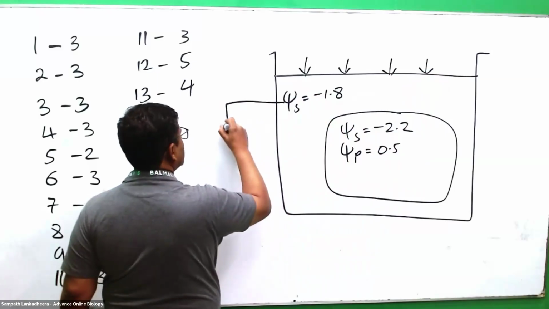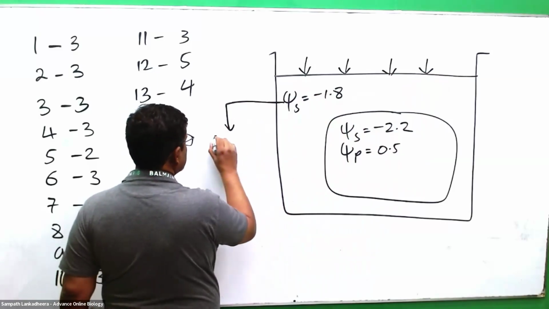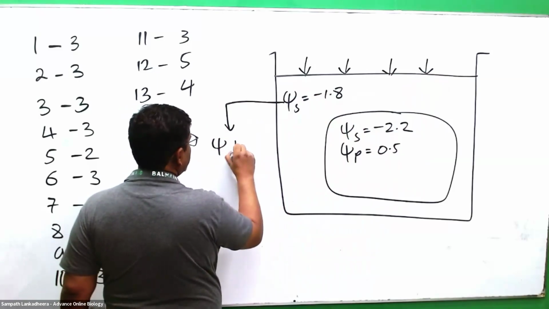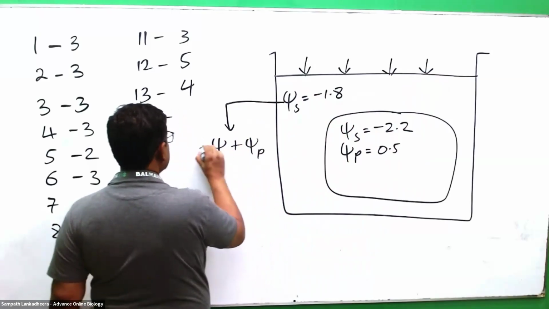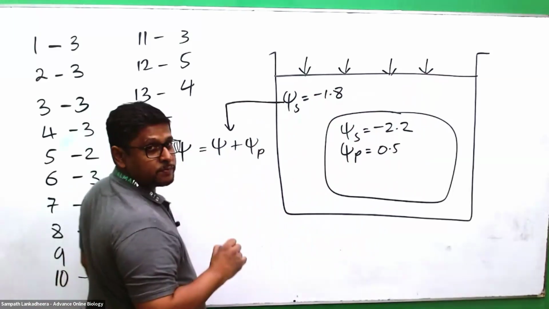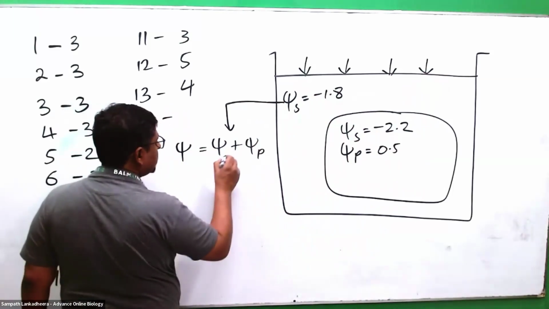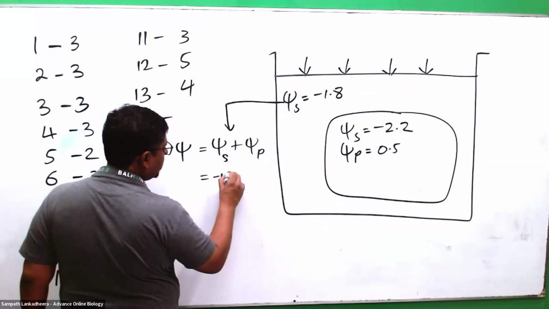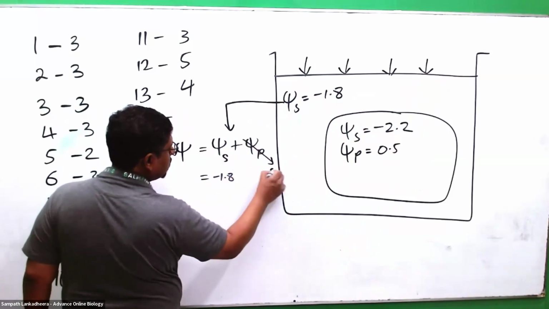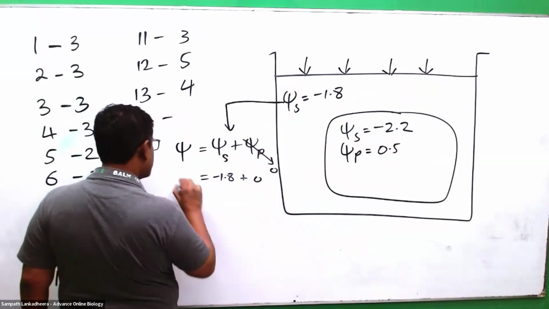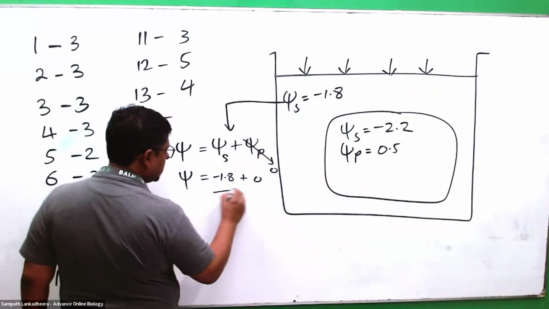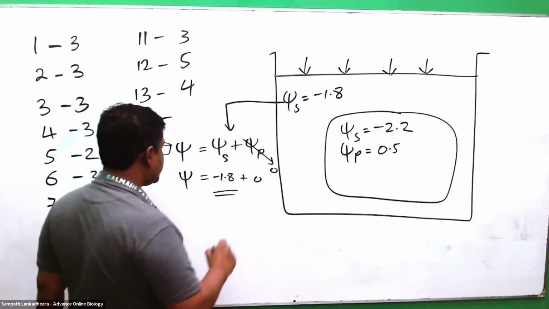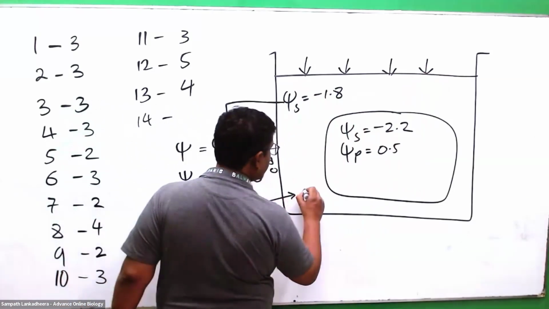So outer solution solute potential plus outer solution pressure is equal to its water potential. So this one is minus 1.8, this is 0, plus 0. So the outer solution water potential is minus 1.8.